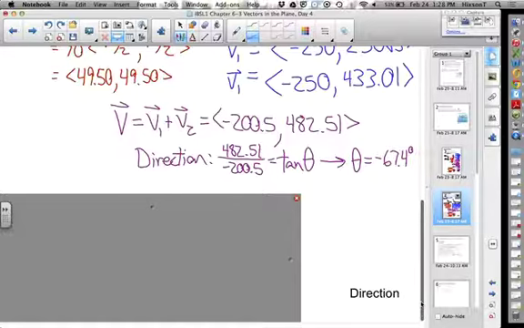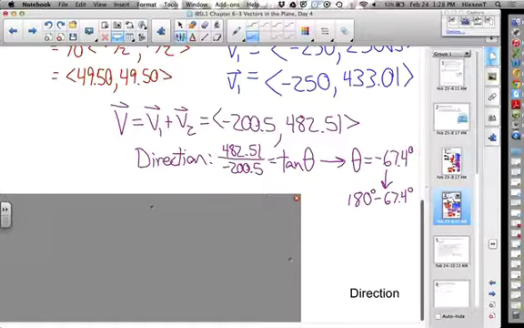So, what is theta actually? Why is it 180 and not 360? We want second quadrant, right?